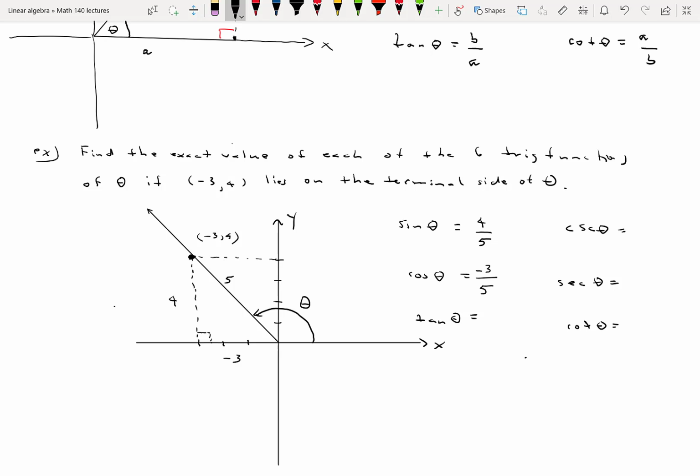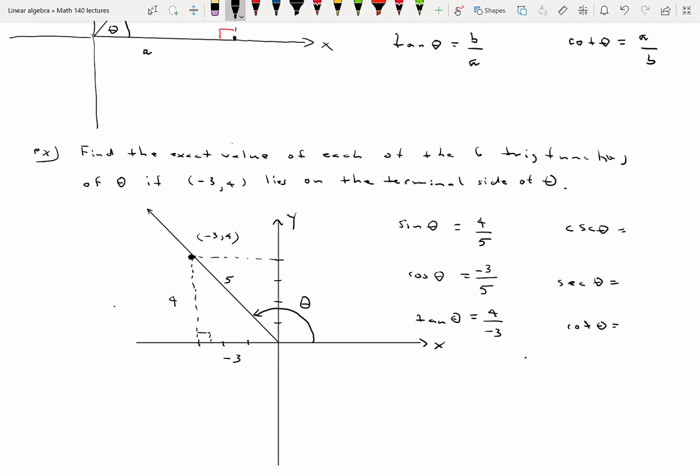And look at that. Here's the first strange thing that's happening with the trig functions. The trig functions were always positive before. They were always fractional expressions we formed by dividing sides of a triangle, which are always positive. These are coordinates now, and they don't all have to be positive. The tangent is 4 over negative 3.